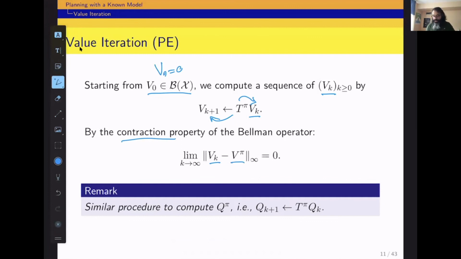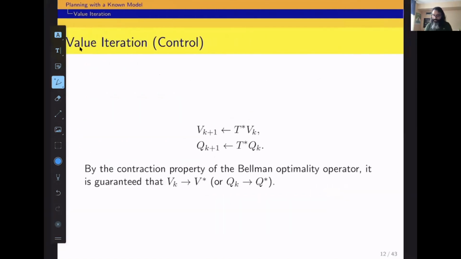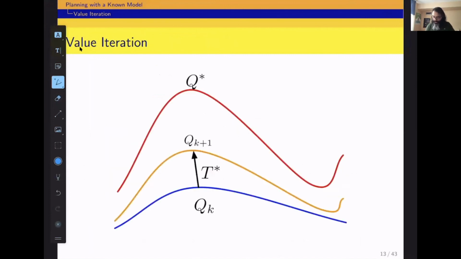So this is good. And we can also have the same procedure for Q pi, with the difference that we need to choose the Bellman operator that is suitable for Q, so it takes Q and returns Q. And we can do value iteration for the problem of control in order to find V star or Q star.